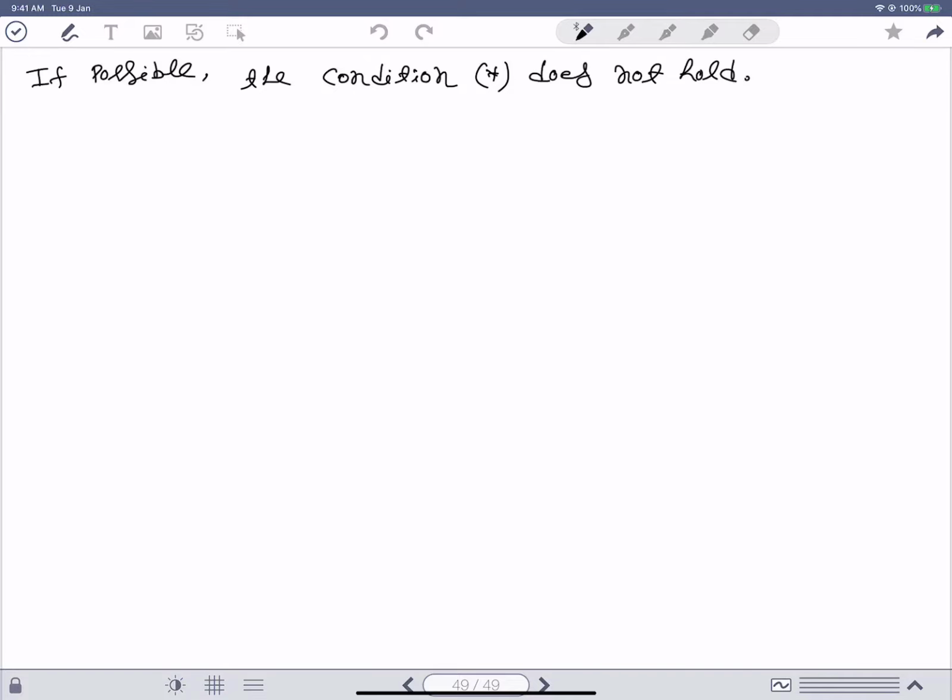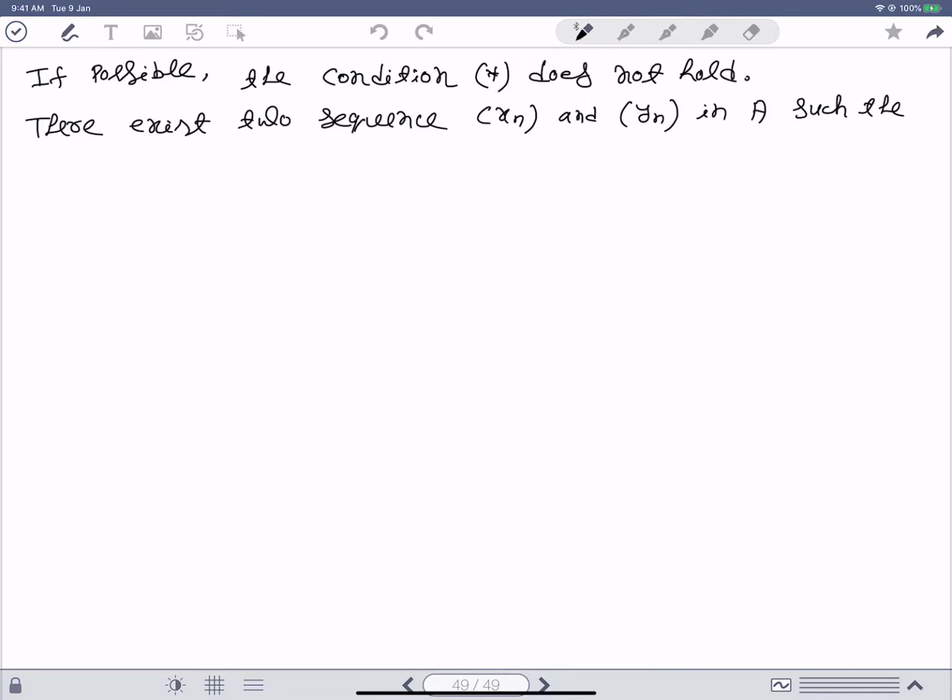So that means there exist two sequences xn and yn in A such that mod of xn minus yn converges to 0, but mod of f of xn minus f of yn does not converge to 0.